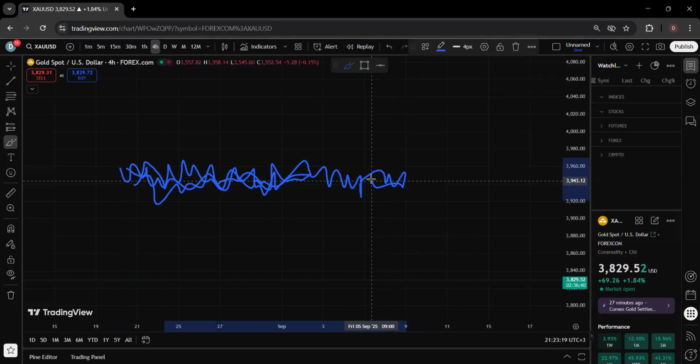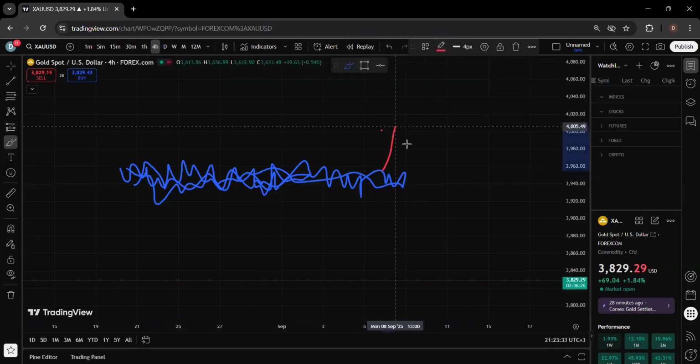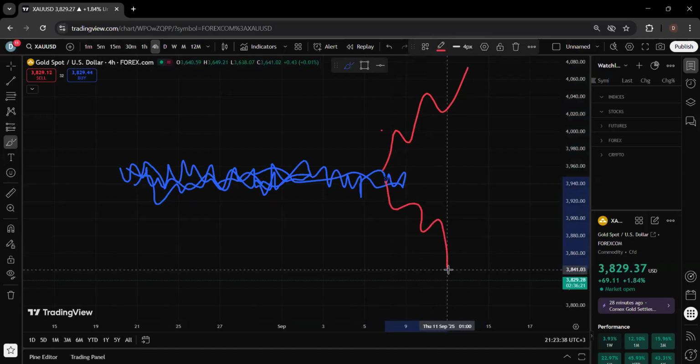The buyers and sellers are equal. They are all at a draw. That's what I can say for the football lovers. So when you find such a scenario, just know that at the end of it all, there must be a breakout, either on the bullish side or on the bearish side. So always expect this after consolidation.